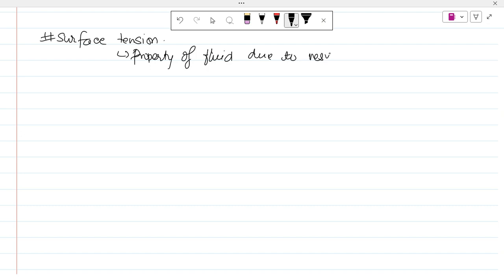It is either cohesion or adhesion. Surface tension is the result of cohesion.